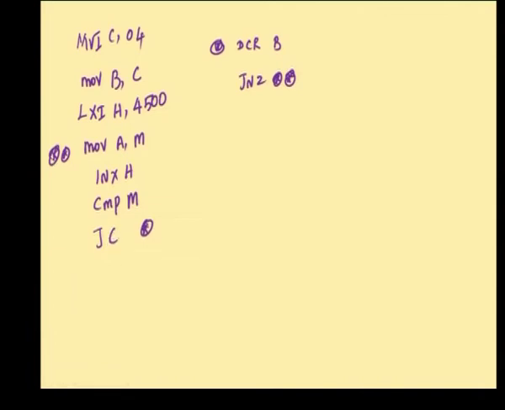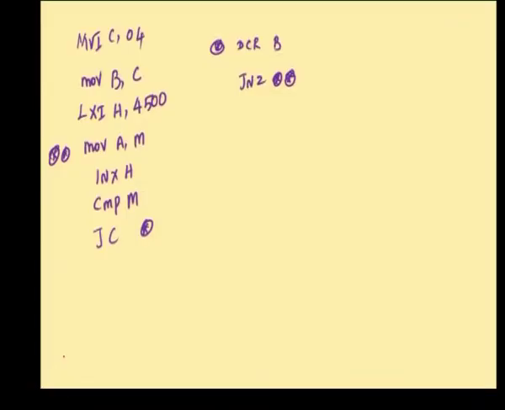Once if carry is not set, then what we have to do? We have to interchange the data, that is swapping. So, move D comma M, then move M comma A, then move A comma D. So, during that time I want to store the smallest number in the previous location, right.